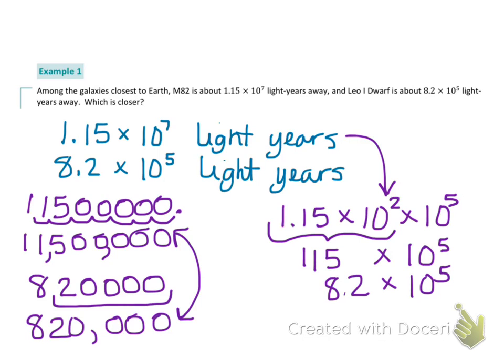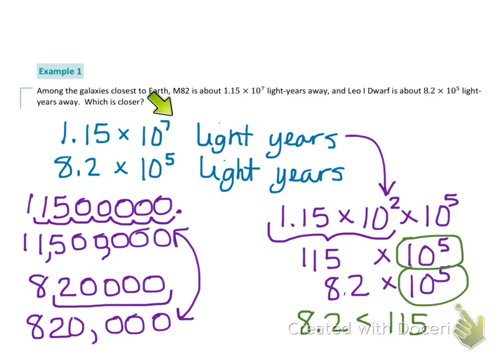So we know because these numbers are being multiplied by the same multiplier, right here, 10 to the 5th, that all I need to do is realize that 8.2 is less than 115 to realize that, once again, M82 is further away, or Leo dwarf is closer to Earth.